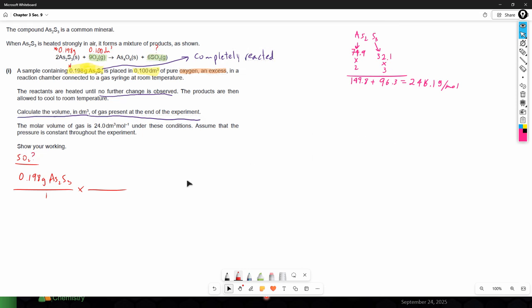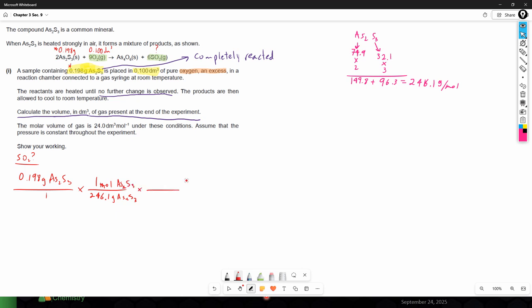So we know that the molar mass of this is 246.1, so we know that 246.1 grams of As2S3 is equal to 1 mole of As2S3.